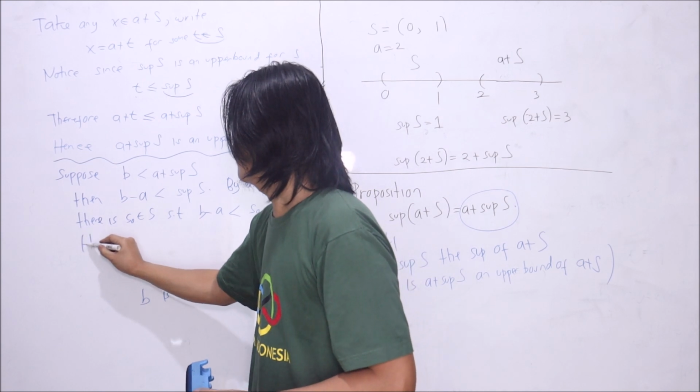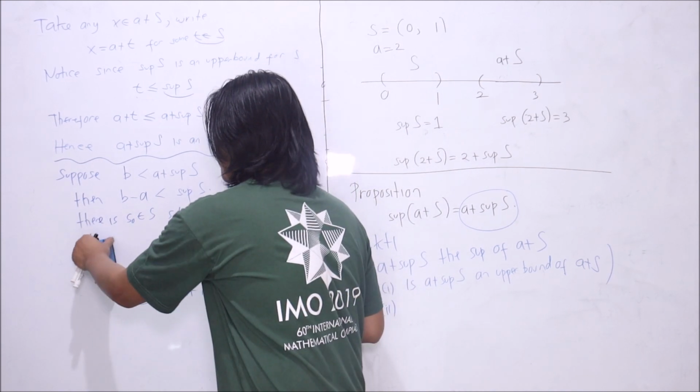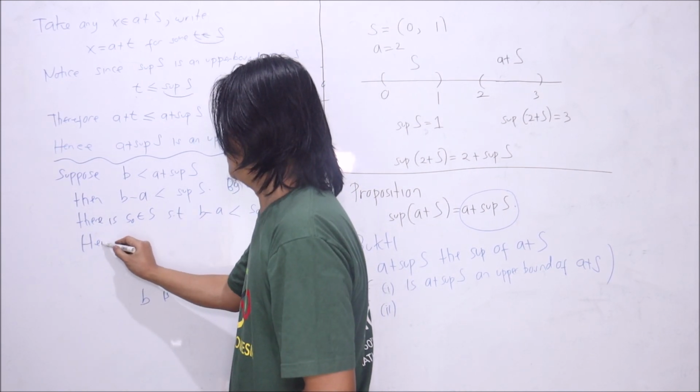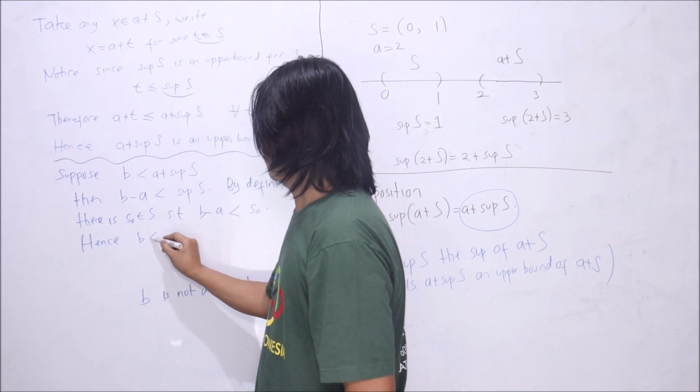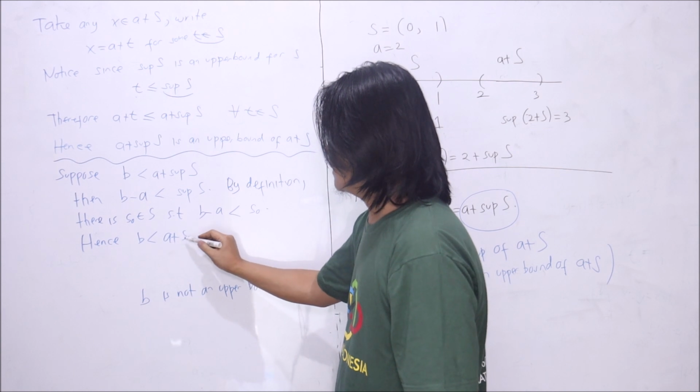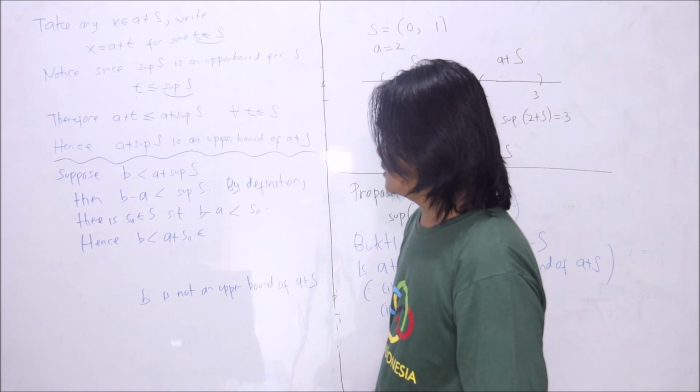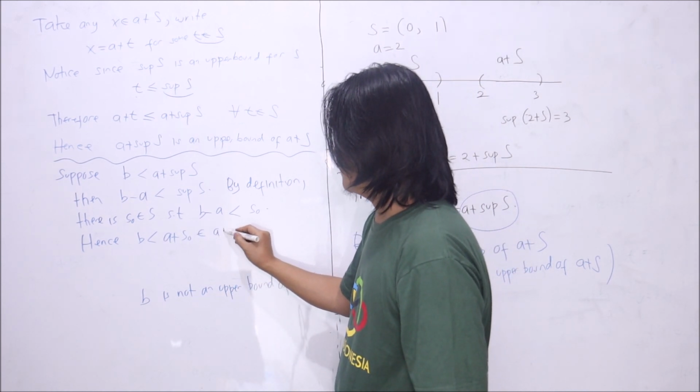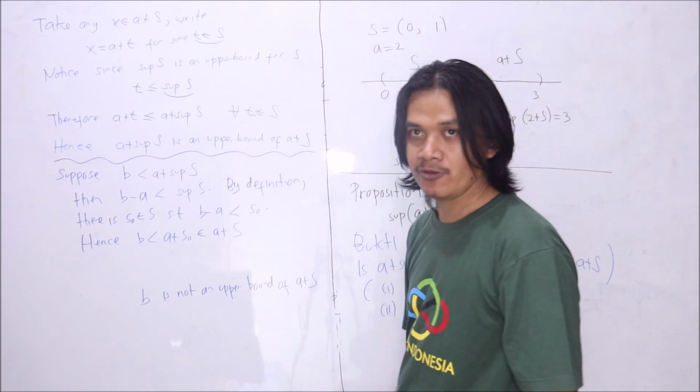Hence, B is less than A plus s0. And this A plus s0 is an element of A plus S. So what does it mean?